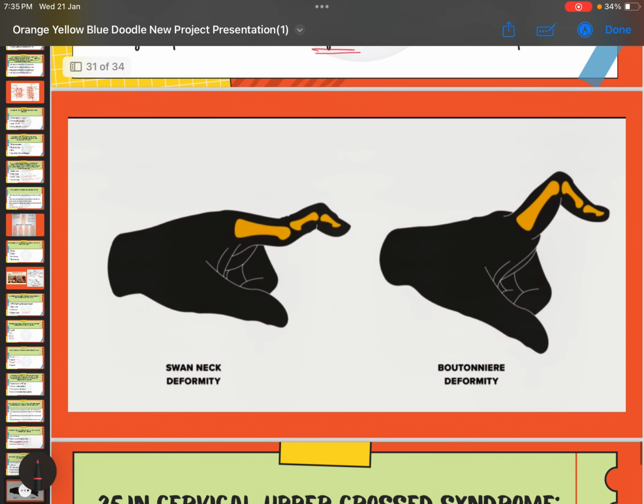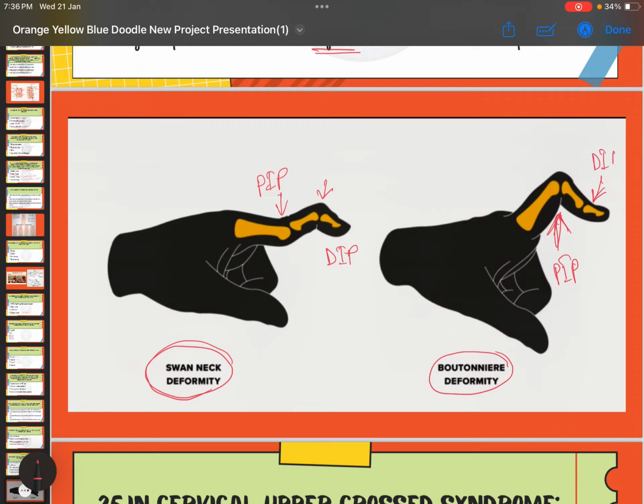This is the image of swan neck deformity: flexion of DIP and hyperextension of PIP. And this is boutonniere deformity, where flexion of PIP and hyperextension of DIP.